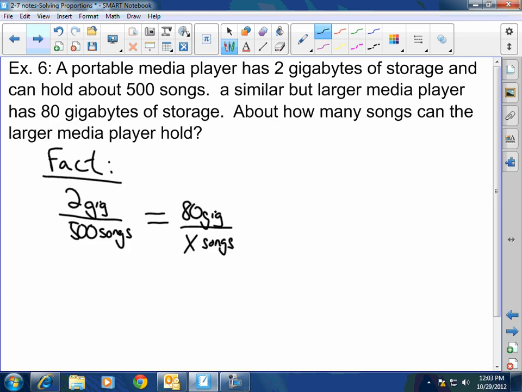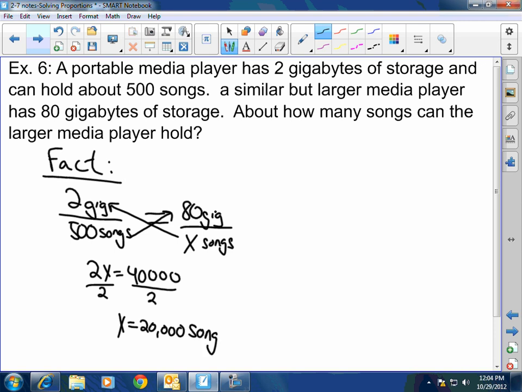Now, it's Mickey Mouse time. Cross multiply. So I'm going to have 2x equals 40,000. Divided by 2, x equals 20,000 songs. You got to put the units here. If not, you get it wrong. If you put 20,000, and just alone 20,000, 20,000 what?